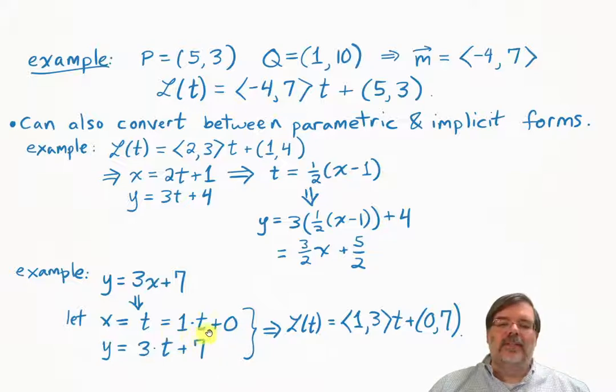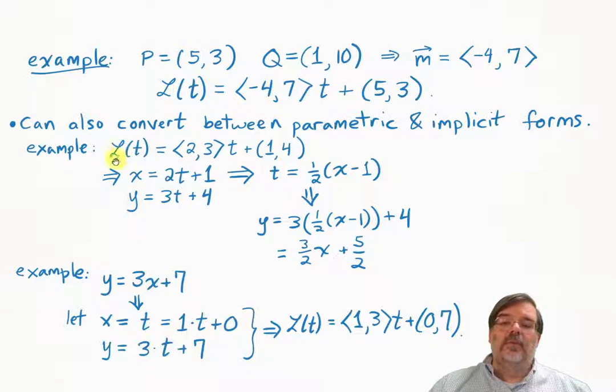Still t, but in the form 1 times t plus 0. And then, if x is equal to t, we could rewrite the y expression as y equals 3t plus 7. Now both x and y have the form of a number times t plus a number.